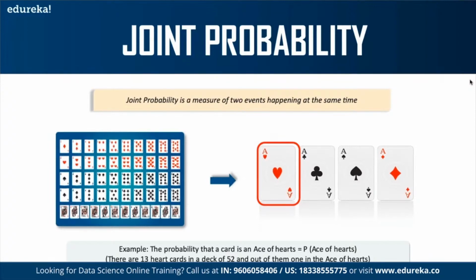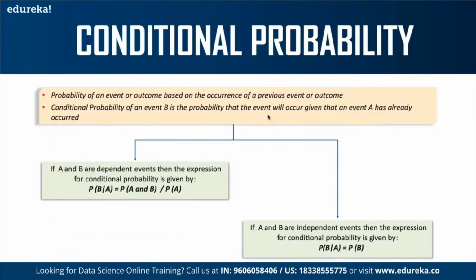And then we have conditional probability where the probability of one event depends upon the occurrence of a previous event or outcome, right? So for example, when we roll a dice, and again, when we are rolling two dices, suppose we are finding the possibility of finding 13 in total, right?